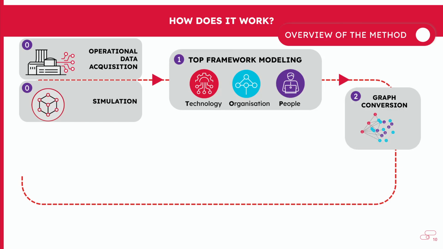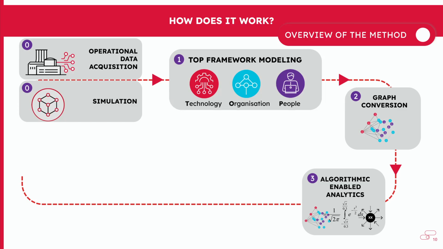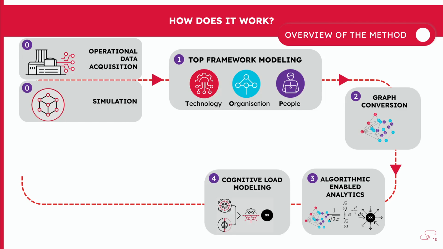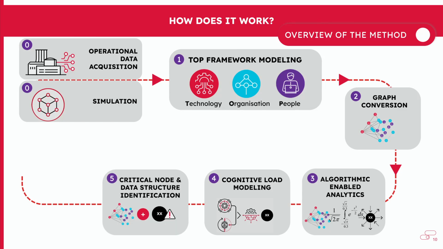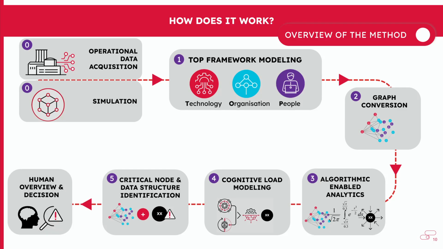Then the next step is the graph conversion. After that, some algorithms coming from graph theory. After, we have some modeling of the cognitive load, a really relevant human factor in our methodology. And after all, critical node and data structure identification to try to tackle these bottlenecks. And at the very end, the human overview and decision.